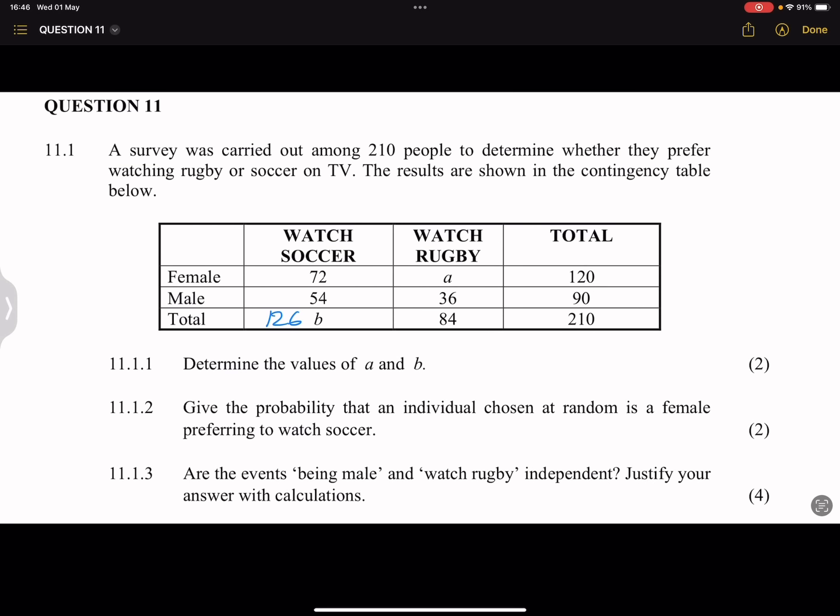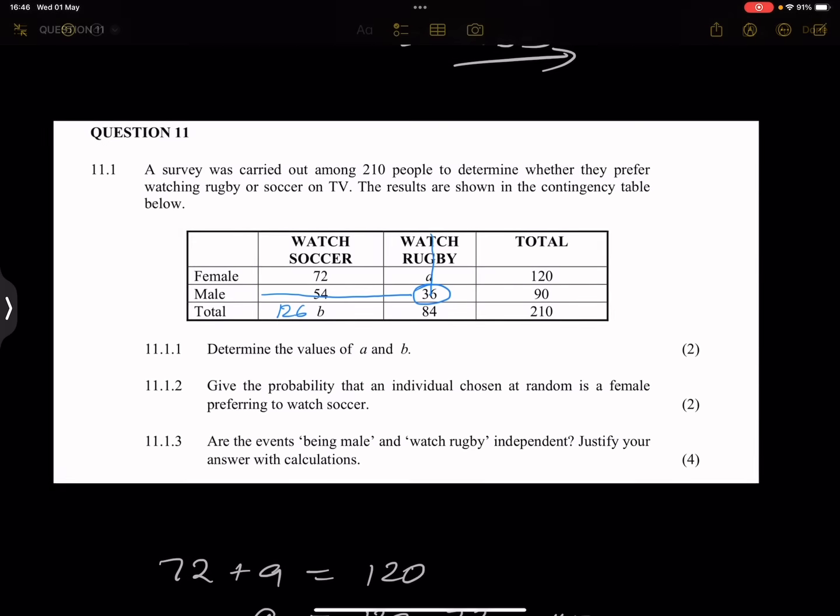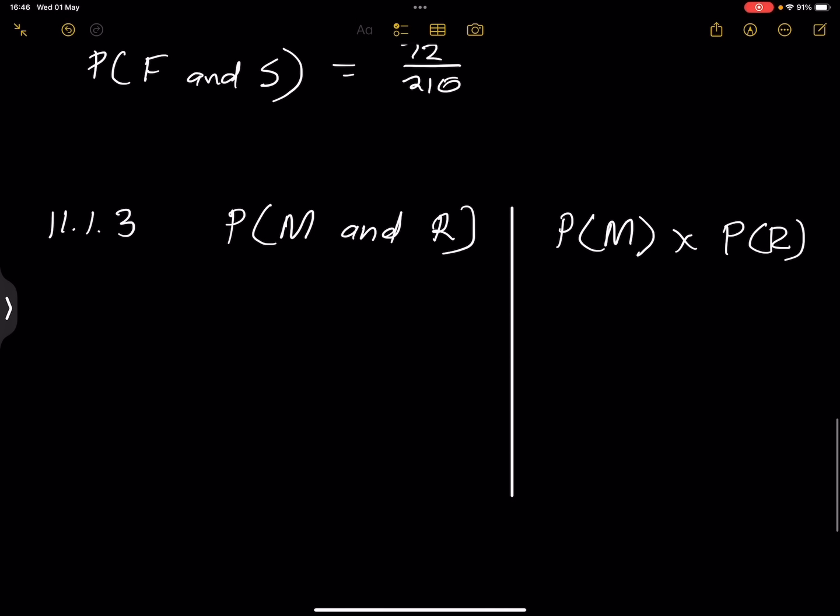So males that watch rugby. So there's our males that watch rugby. So that's 36 of them over 210, the total population size, right?